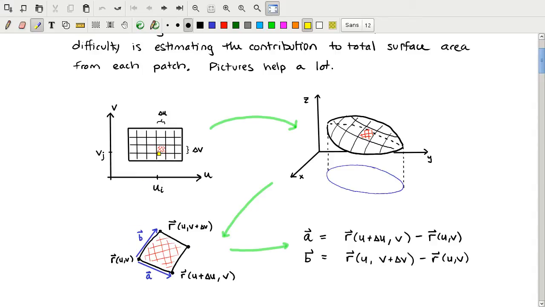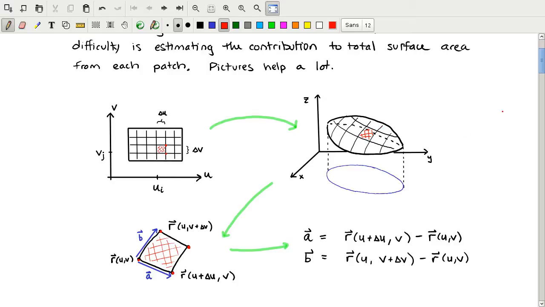Then there's a corner on the upper left-hand side associated with u and v plus delta v. There's a corner on the lower right-hand side associated with u plus delta u and v. So this corner here is this corner here. And then the upper right corner, r of u plus delta u and v plus delta v, is given by this corner here. So each corner in the perfectly square patch in the UV plane corresponds to one of these 4 corners on the surface, which we've zoomed in on from our larger picture of the surface.